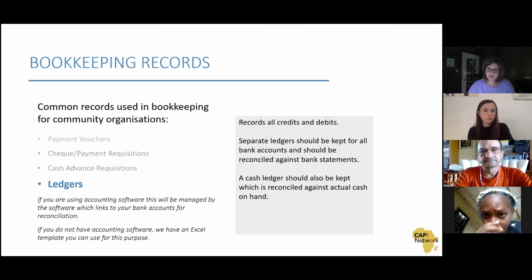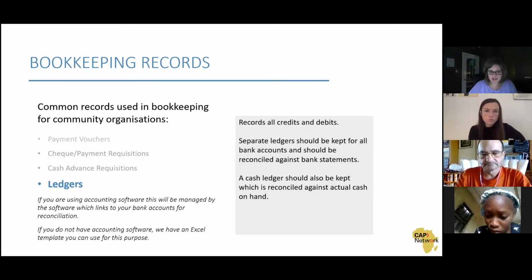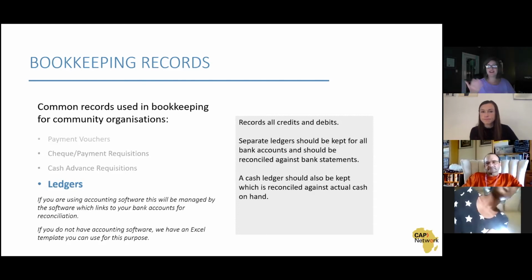But for most of us, for the scale of the work that we're doing, we can very easily, I think, manage that volume of transactions using an Excel ledger. And most funders and funding partners are going to be quite happy to see that, so long as everything is verified, has proper documentation, and does reconcile at the end of each financial period. Okay.